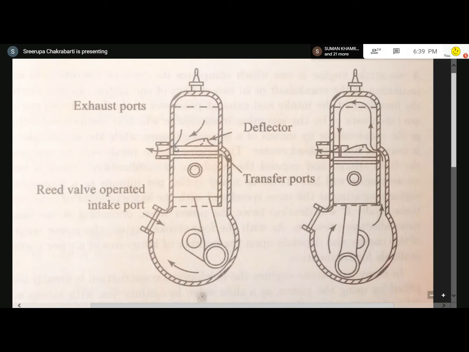Then the piston comes here, opens the exhaust port, the gas exhausts. Transfer port is still closed. Piston still comes downward. Then it forces this gas through the transfer port into this region and takes a rebound, and then comes out and carries out the scavenging of the exhaust products of combustion. So that is the downward journey completed.